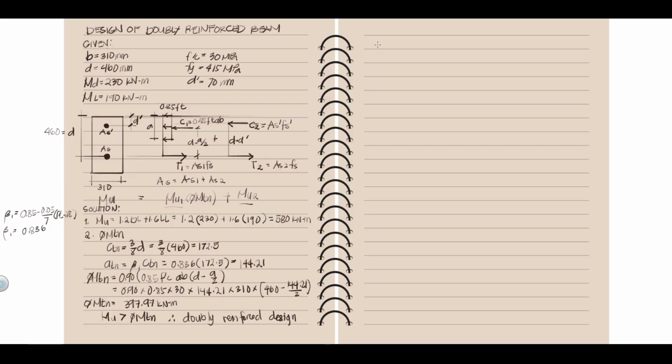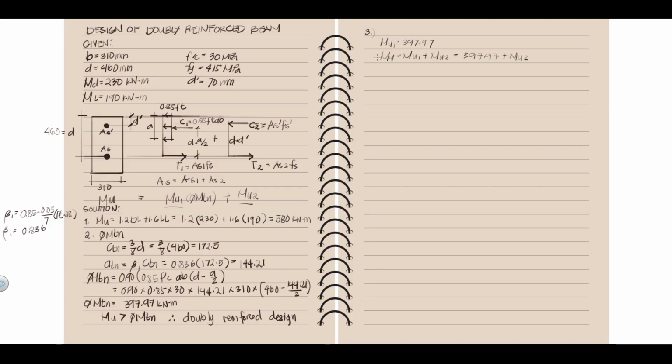So, ngayon, Step number 3 na tayo. Compute lang natin. So, yung MU1 natin, yan na yung VMTN. That is equal to 397.97. And then, yung ating MU, equal yan sa MU1 plus MU2. Yung MU1 natin is the 397.97. And then, yung MU2 natin is unknown pa rin yan.